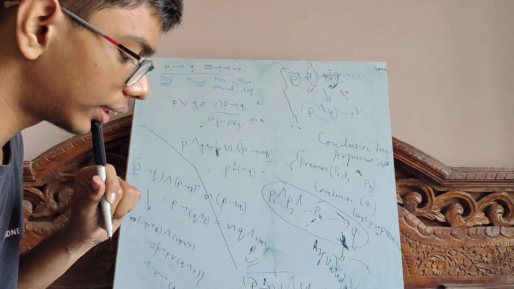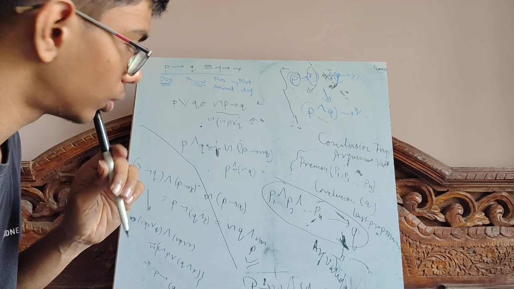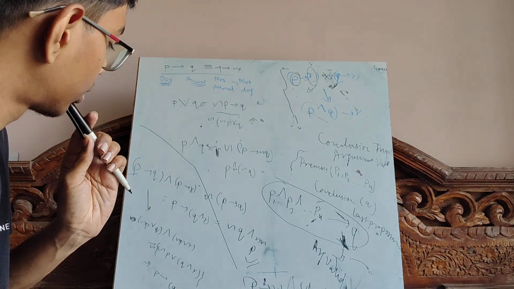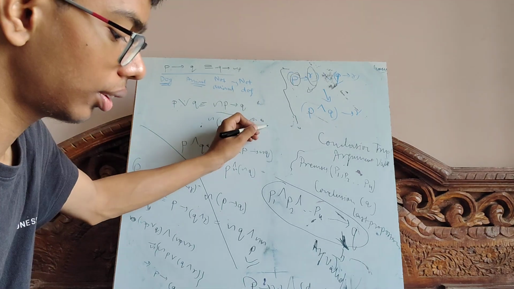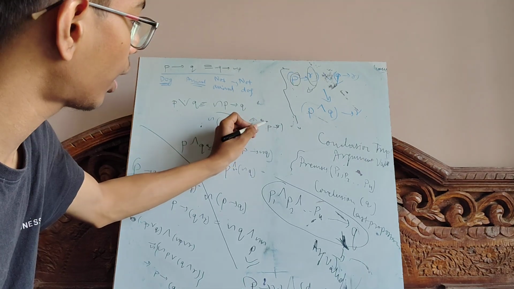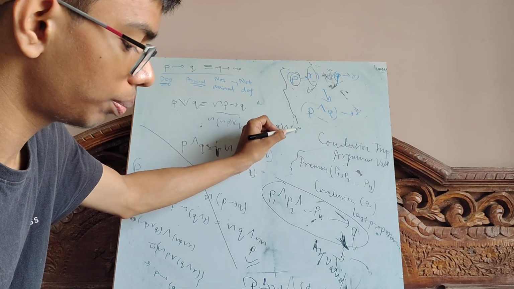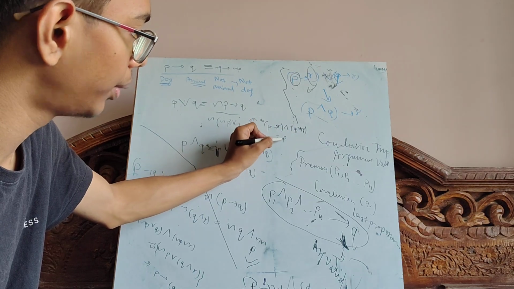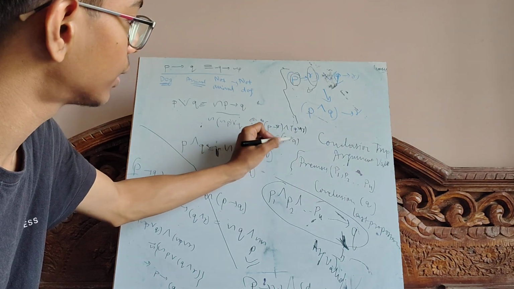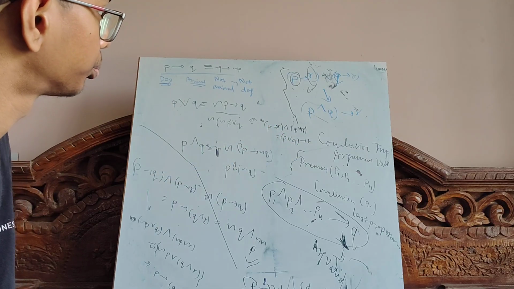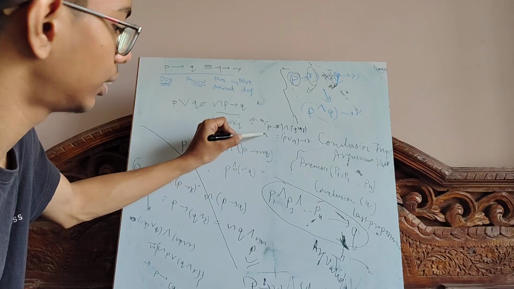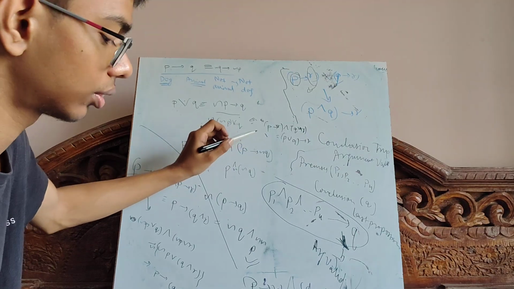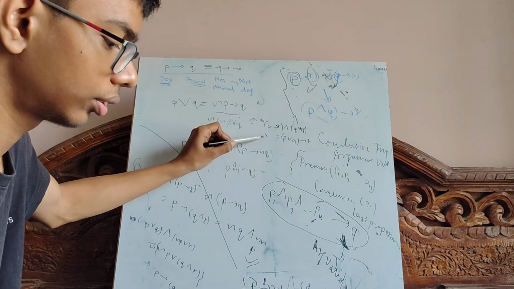Where have I written this? P implies R and Q implies R. This means P or Q implies R. This means if I exercise, that is P.